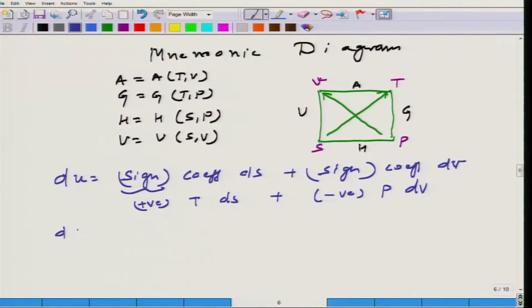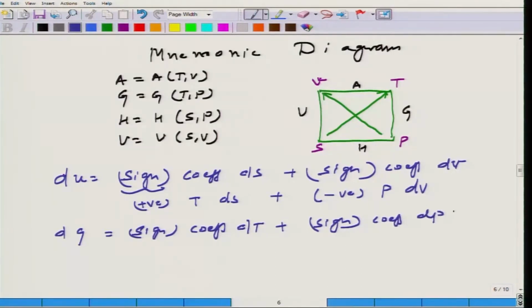So dG, let's say. Again we can think of sign, coefficient, let's say this is your dT, plus sign, coefficient, your dP. The sign for the case of T is going to be negative because it's towards itself.